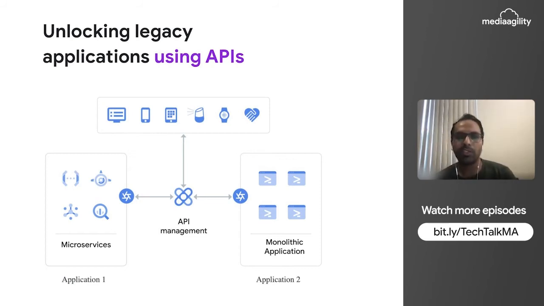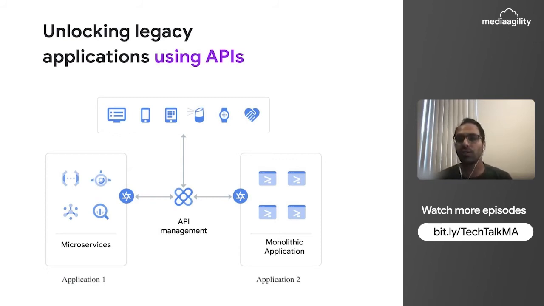Using this approach, you can define an API-based layer on top of your monolithic application, and this way you can access other systems or other microservices in the ecosystem, or on the internet as well. The main benefit of using APIs is that you don't have to code anything. These APIs are typically defined in the form of YAML, similar to how we define things in Swagger.